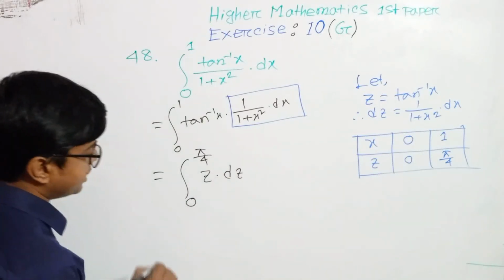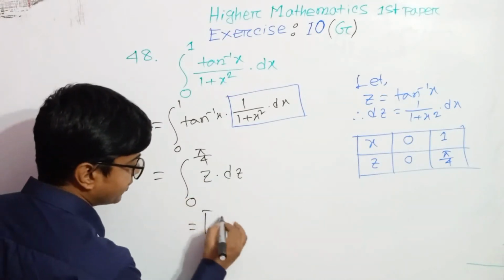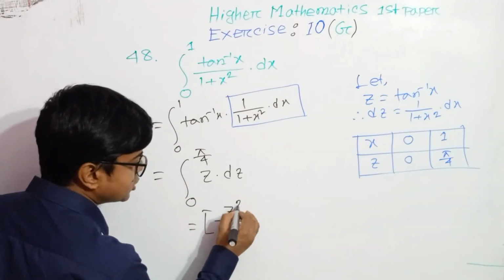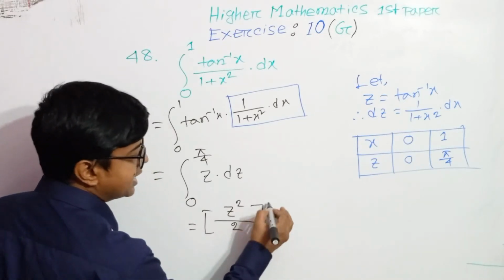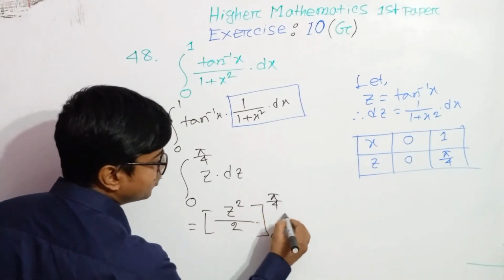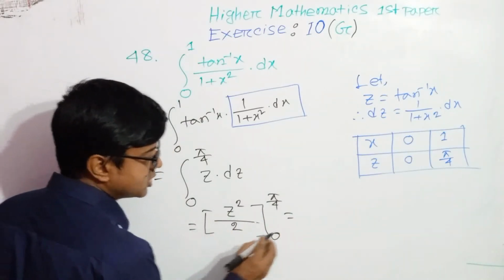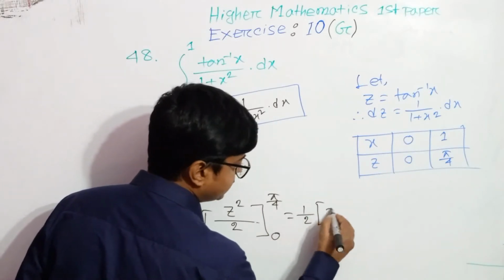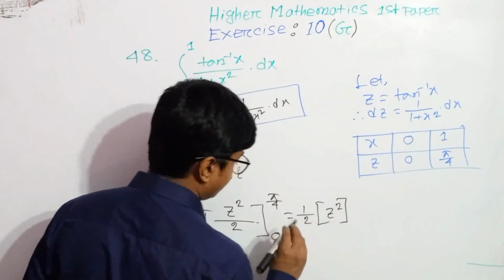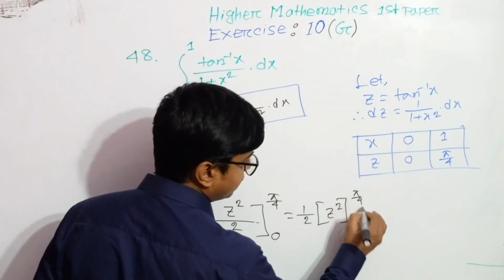And now integration of z will be z square by 2, and here lower limit is 0 and upper limit is pi by 4. Here 1 by 2 is constant, so it comes first, and we can write z square, lower limit 0 and upper limit pi by 4.